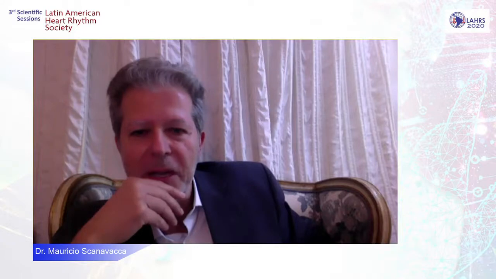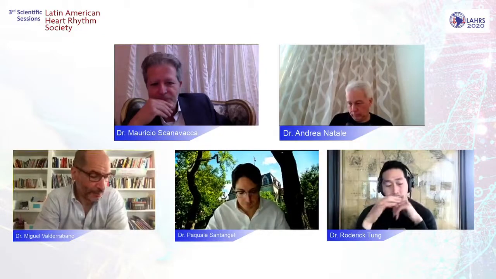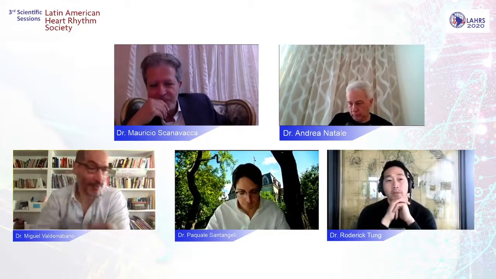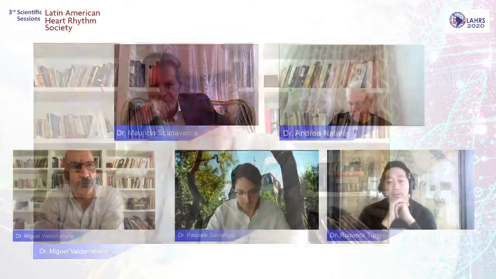Start with you, Miguel. Well, listen, I think the goal for me today was to illustrate the procedural steps. I'm happy that this technique of Marshall alcohol is gaining some acceptance. I don't think it's a magic bullet for AFib.